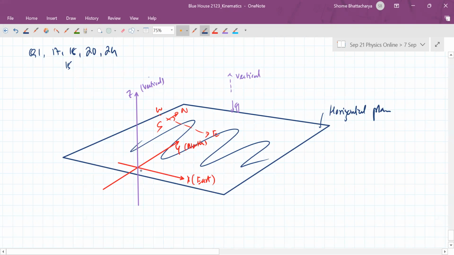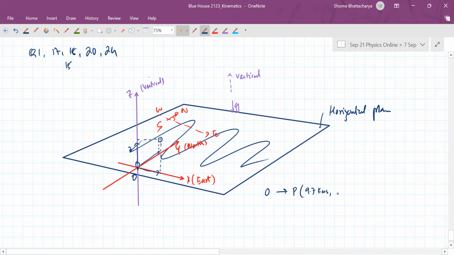Now the balloon, let's say it starts from here at t equal to 0. After some time it reaches somewhere here, where the x, y and z components of its displacement are known. It has gone from the origin of my coordinate system to the point P, where the x coordinate, or the distance moved along the east, is 9.7 kilometers.